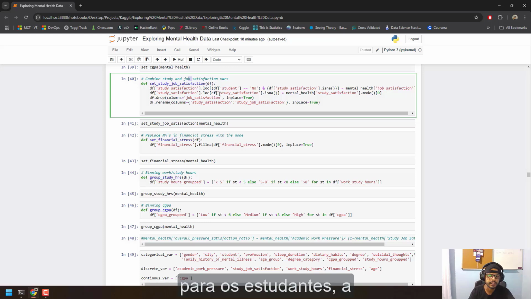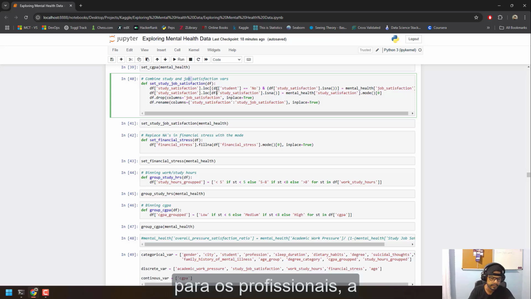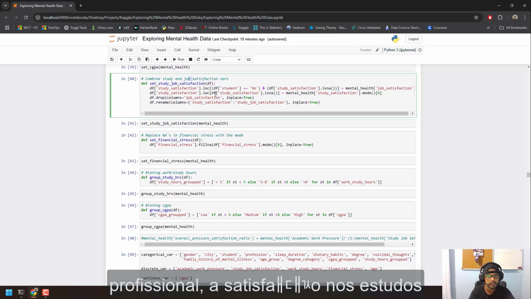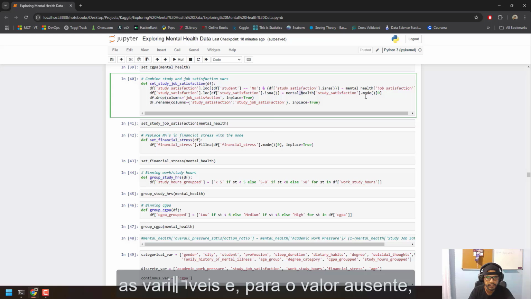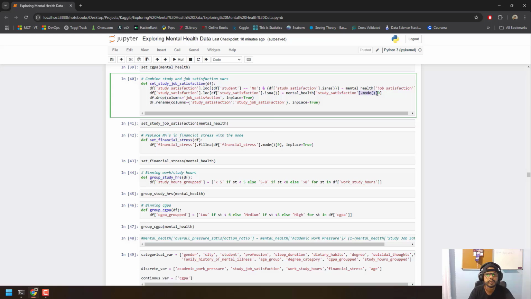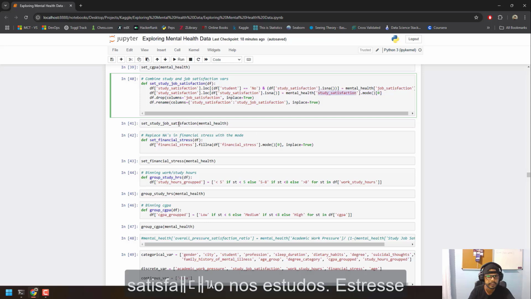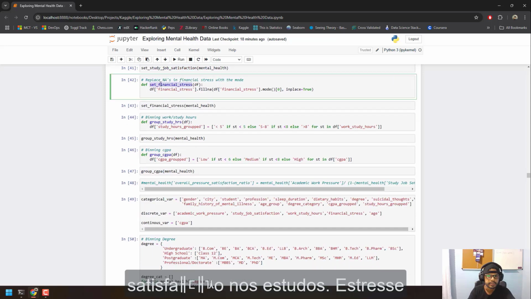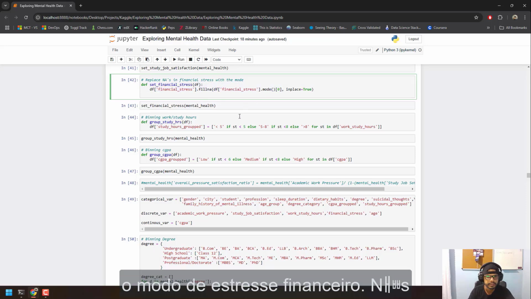For the students, the job satisfaction variable is missing, and for the professionals, the study satisfaction is missing. So we just combine both variables, and for the missing values, we use the most frequent value for study satisfaction. Financial stress, we just replace NaNs with the mode of financial stress.